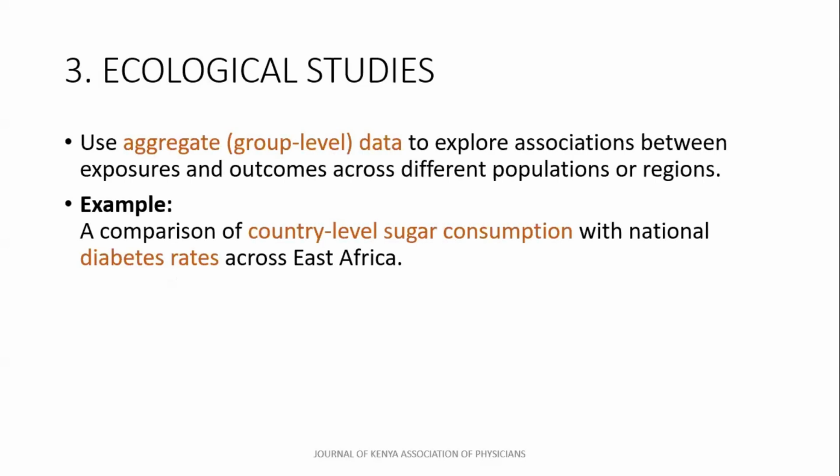For example, we can compare country-level sugar consumption, maybe in Kenya, Uganda, and Tanzania, and then compare that with national diabetes rates across Africa. So here we're looking at large population-based data, but grouping it into categories, in this case based on the country.